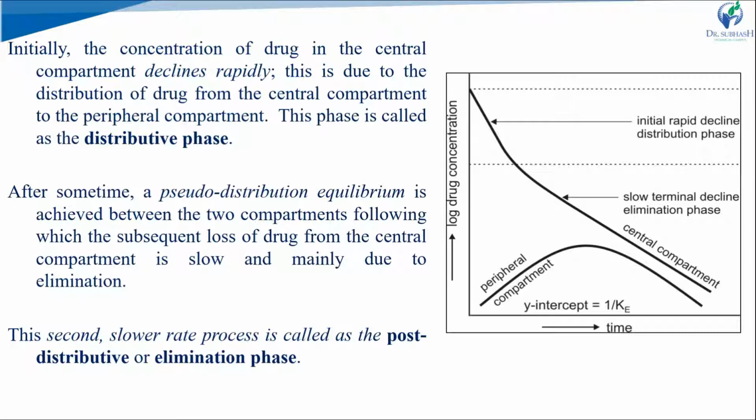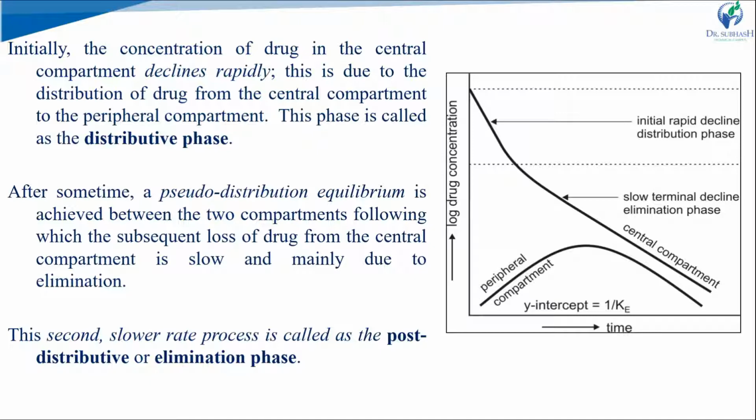Initially the concentration of drug in the central compartment declines rapidly, which is the distribution phase. This is due to distribution of the drug from the central to the peripheral compartment, which is why the concentration is reduced in the central compartment. This phase is called the distributive phase. After some time, pseudo distribution equilibrium is achieved between the two compartments.